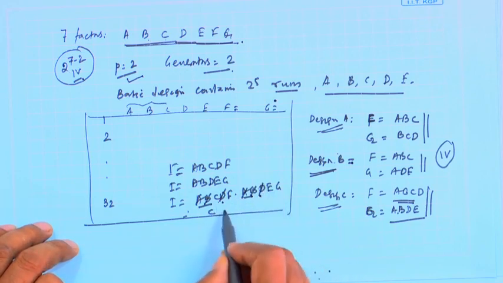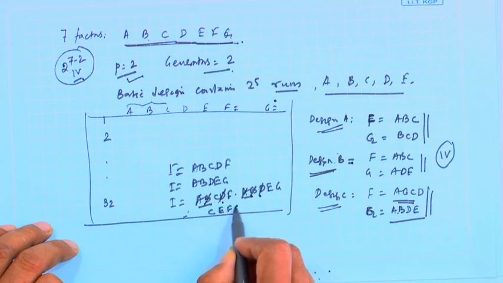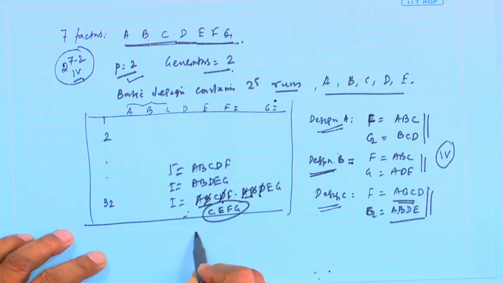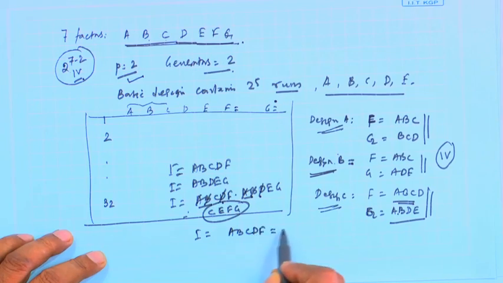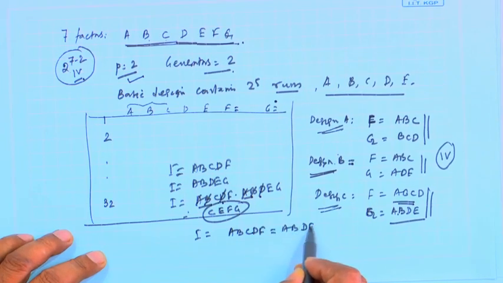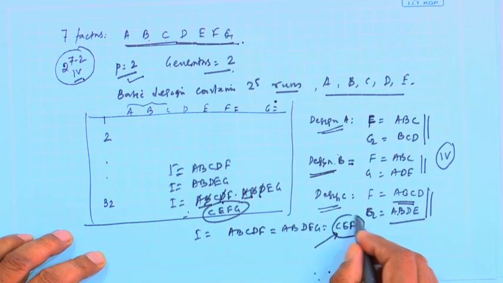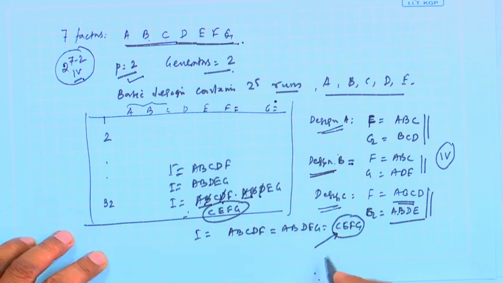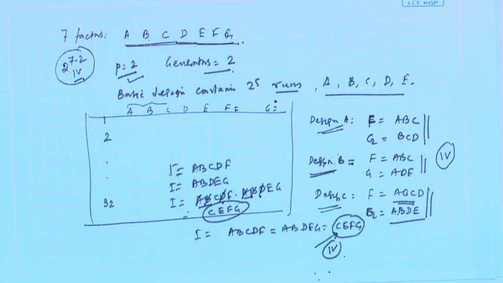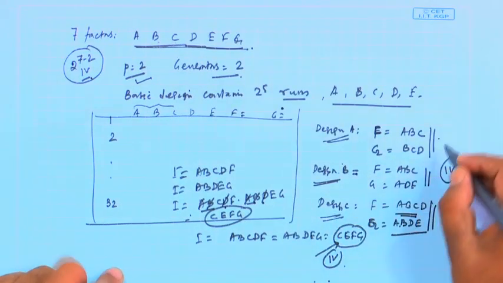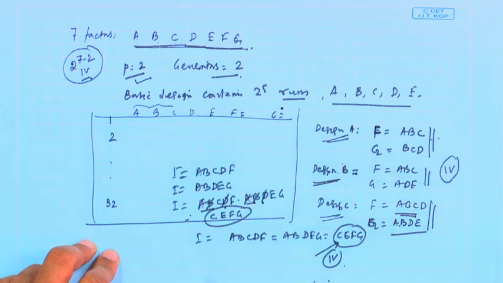So C, E, F, G. So the defining relation is A, B, C, D, F equal to A, B, D, E, G equal to C, E, F, G. So the minimum word length in this defining relation is 4. So resolution is 4. So now here also similarly you can prove this is 4, this is 4.